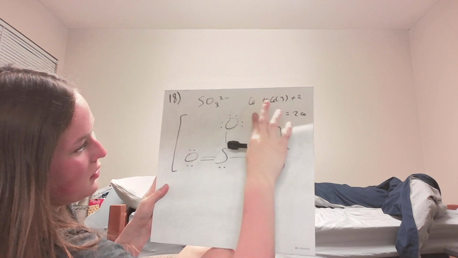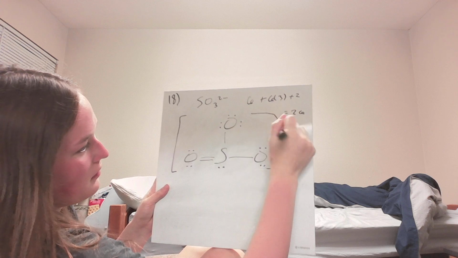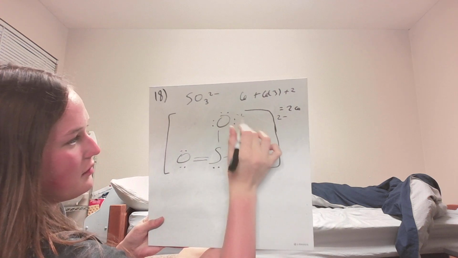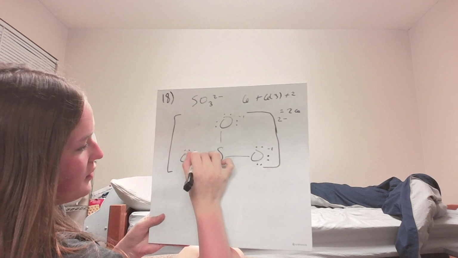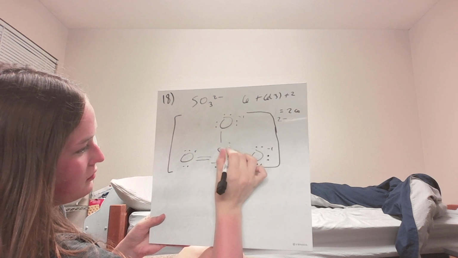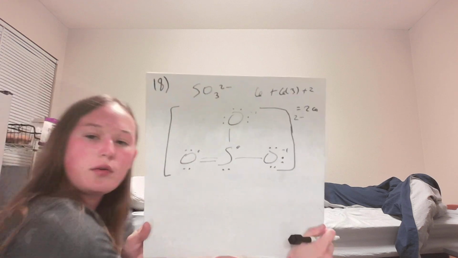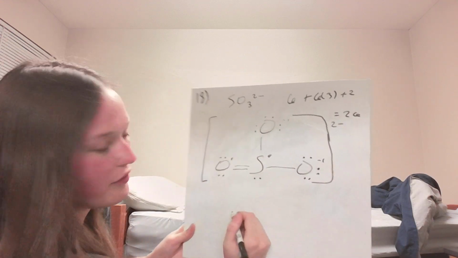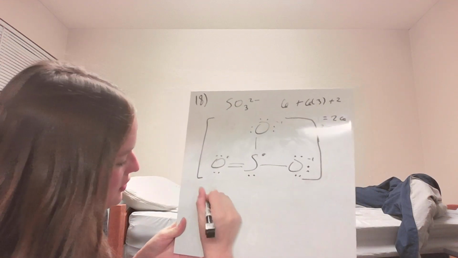I'm just going to erase this right here. 2 minus. So it's going to have a -1 charge on it. -1. It's going to have 0. It's going to have 0. Anyway, though, once we draw this, you can see we can only have 2 other resonance structures.